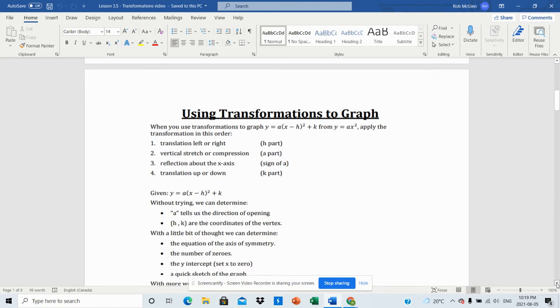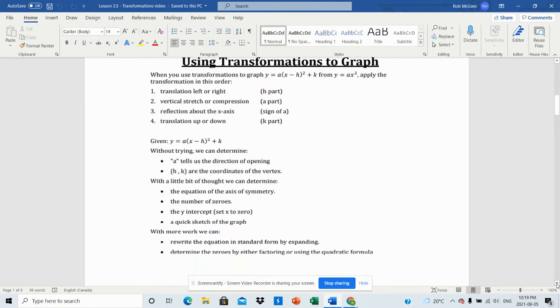And we can even go a little bit further. With a little bit of thought, we can determine the equation of the axis of symmetry. Remember, that's the vertical line that splits the parabola right in half. And that's always going to be at x equals h from our vertex. So x equals h, that's our axis of symmetry.